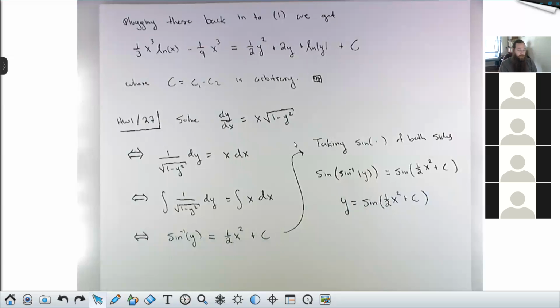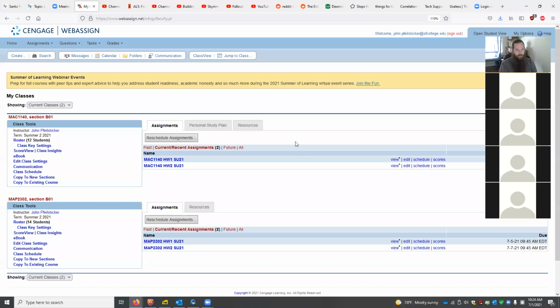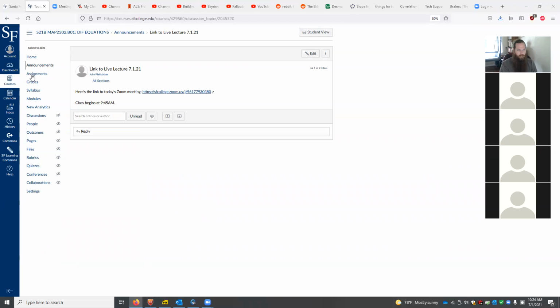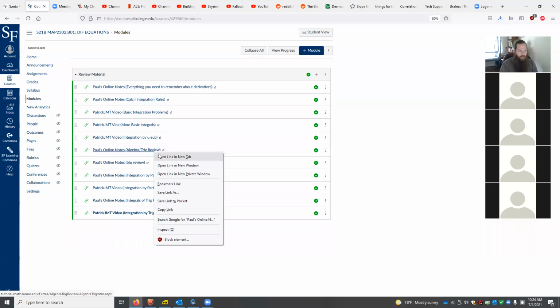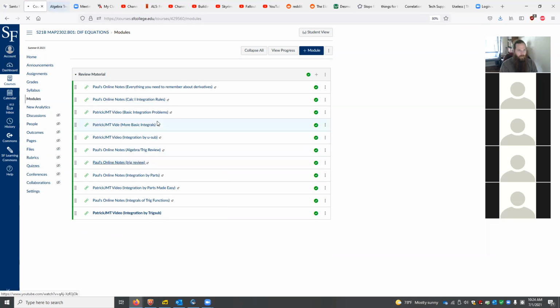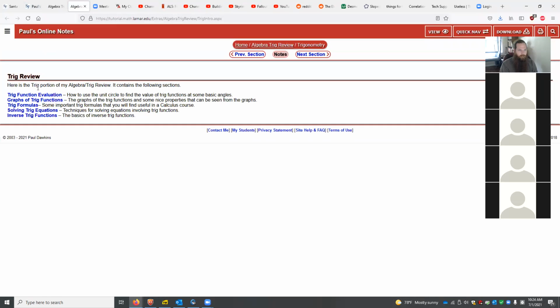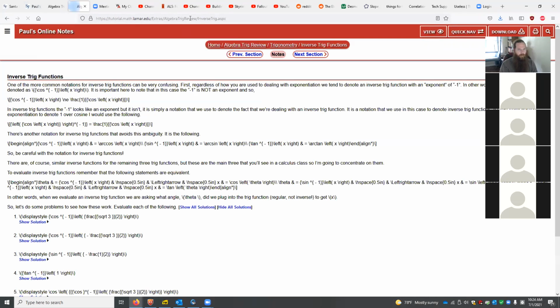If you're a little rusty on inverse trig, I just want to point something out here. I think I put it in your modules. Here we go.